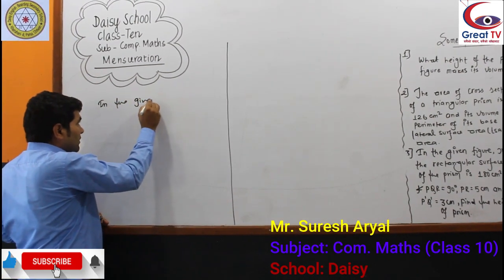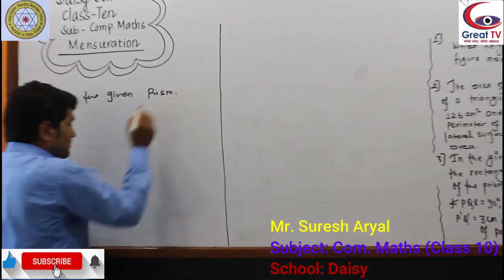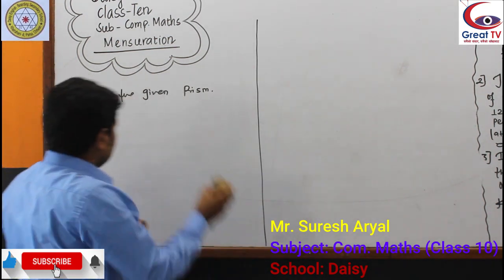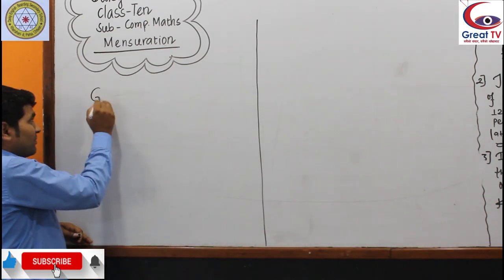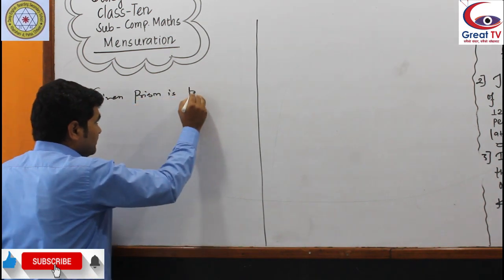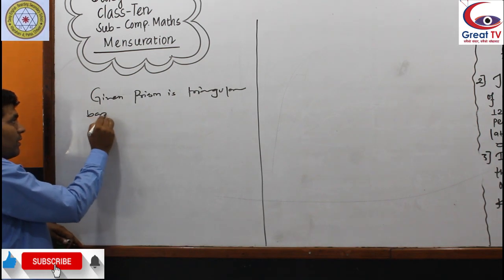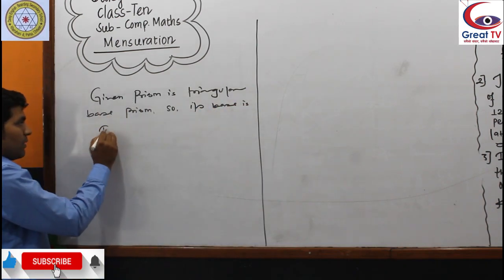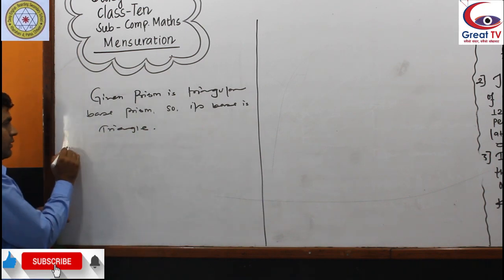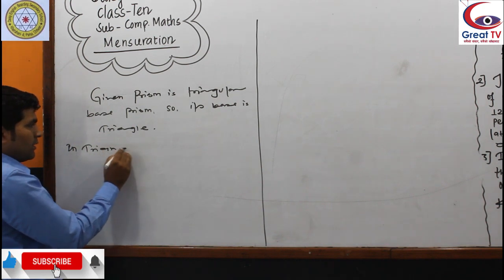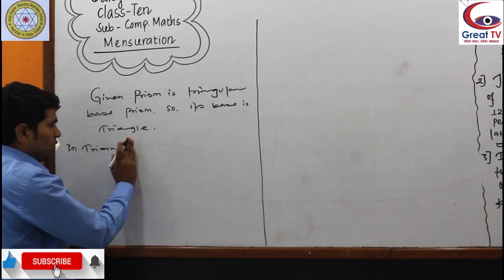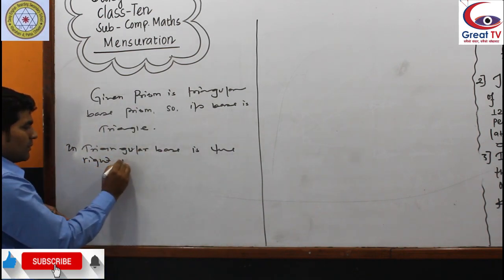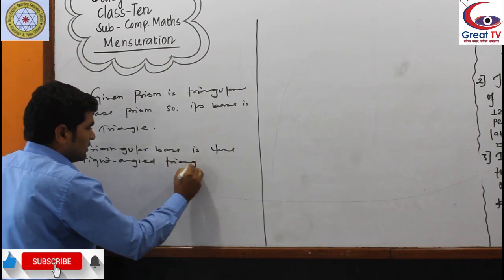In the given prism, the given prism is a triangular base prism, so its base is a triangle.